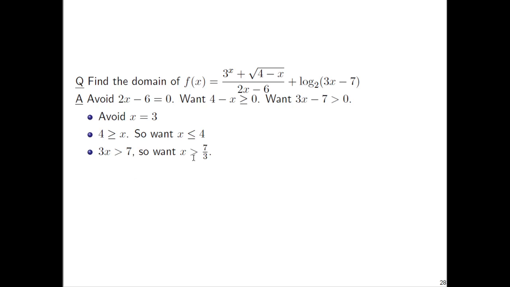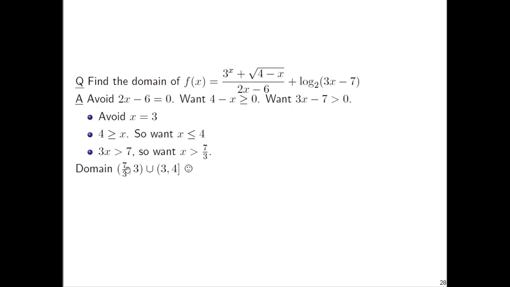So we want x to be bigger than 7 thirds, but we also need x to be less than or equal to 4. So between 7 thirds and 4, excluding 7 thirds, including 4, also excluding just one other number, the number 3. 6 thirds is 2, so 7 thirds is a little bigger than 2. It's like 2.3 repeating.